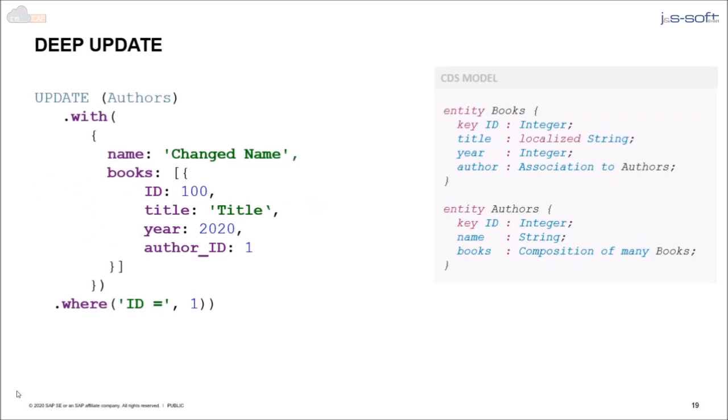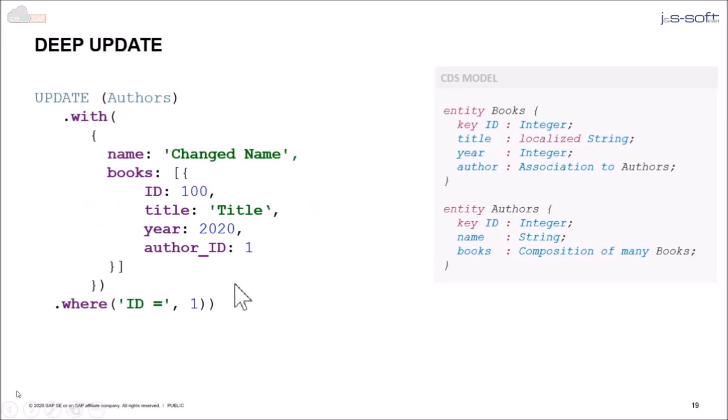And this one you can also use for insert. You can also do deep insert. And the rule here is, you see you have books, and the books is a composition in authors, and then in the array, some objects are presented. And the rule is these objects which are presented in the array should be the complete set of data which is contained in the parent entity.